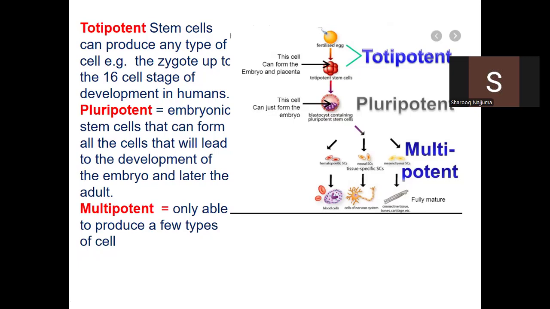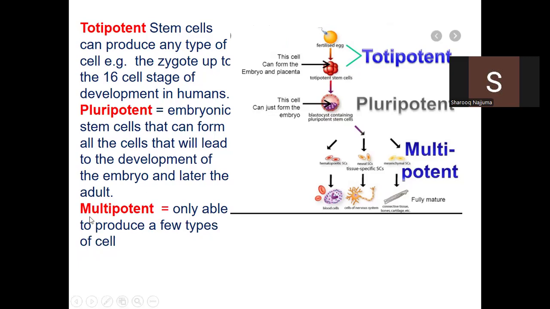So that is pluripotent. They can form all the cells that lead to the development of the embryo and then later the fetus, but they cannot form a whole human or a whole organism.